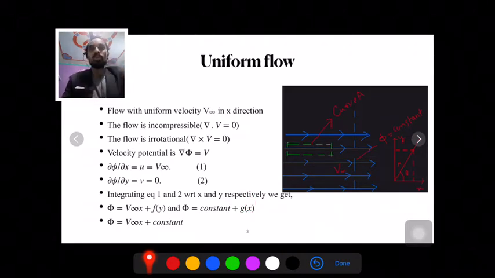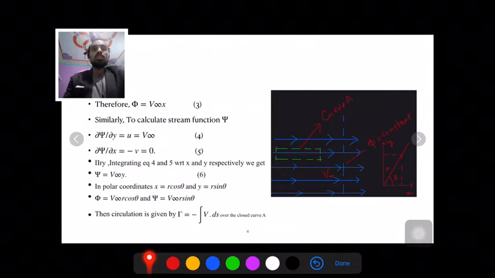From these two you can easily write v infinity x should be equal to your g of x and a constant should be equal to your f of y. That means v infinity x plus constant. Okay, now phi is equal to v infinity x plus constant, but I don't need to write the constant because the derivative of a constant is 0, so I don't have to write it.